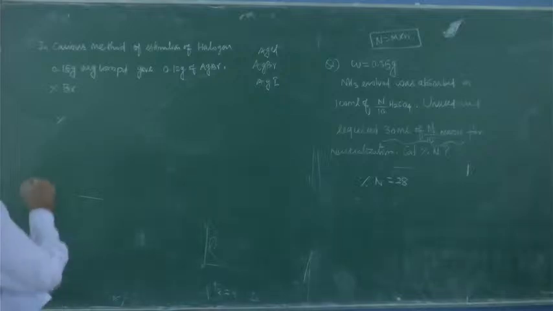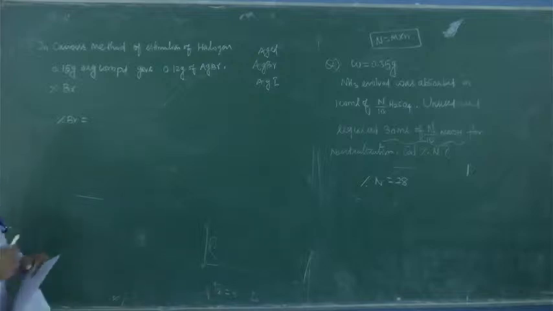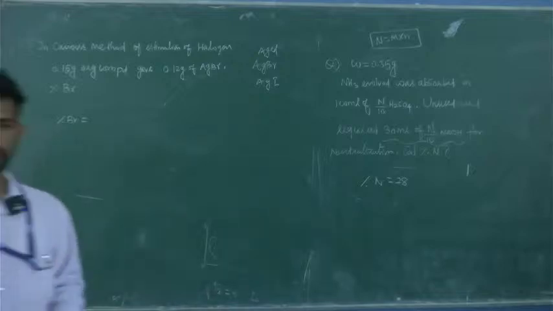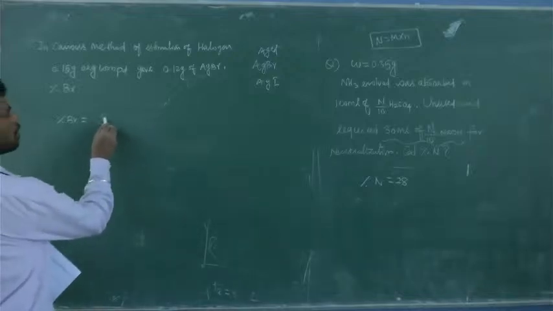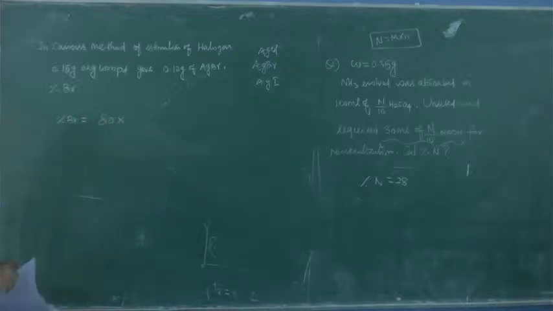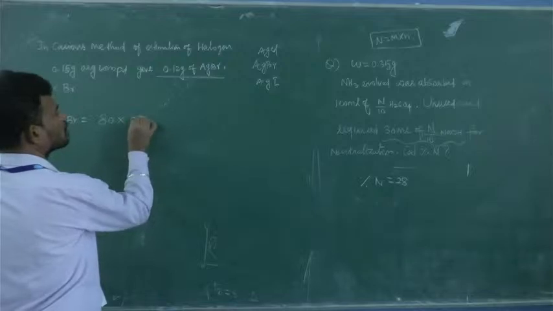Okay, so percentage of bromine, what is the formula? Atomic mass of bromine, 80 into mass of AgBr that is produced. What is the mass of AgBr that is produced?